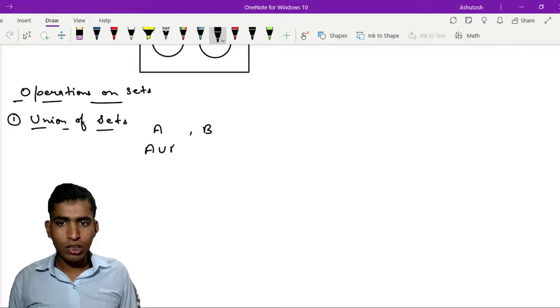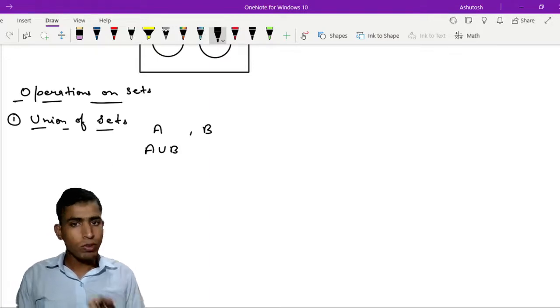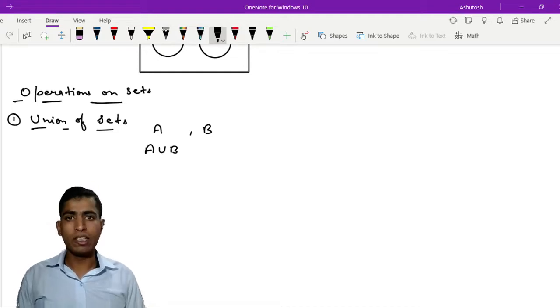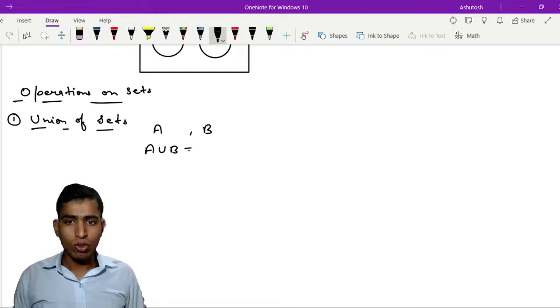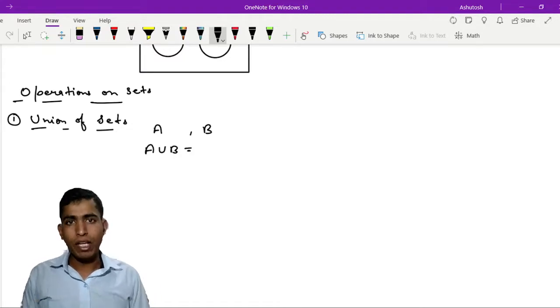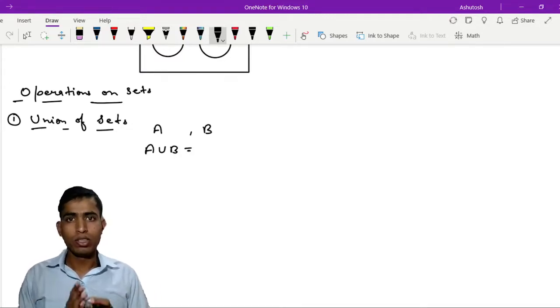set A and B will be represented with the sign of ∪, A ∪ B, and we read it as A union B. It will consist of all the elements of A and B completely.